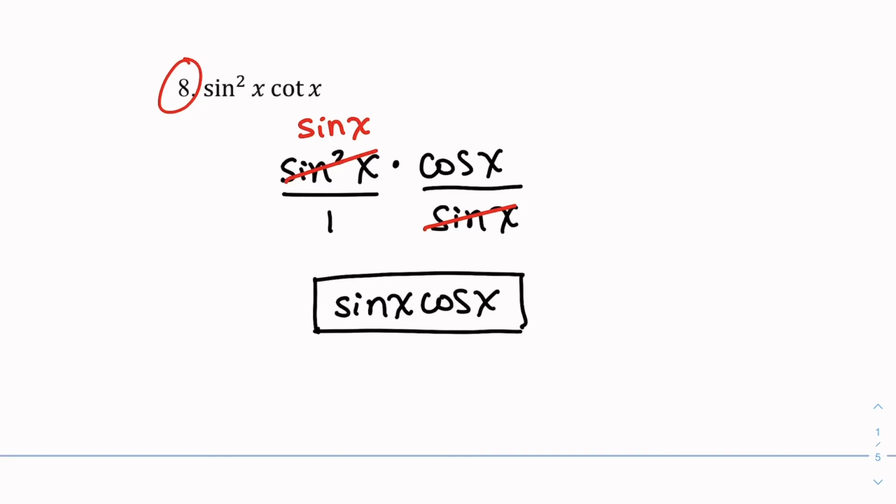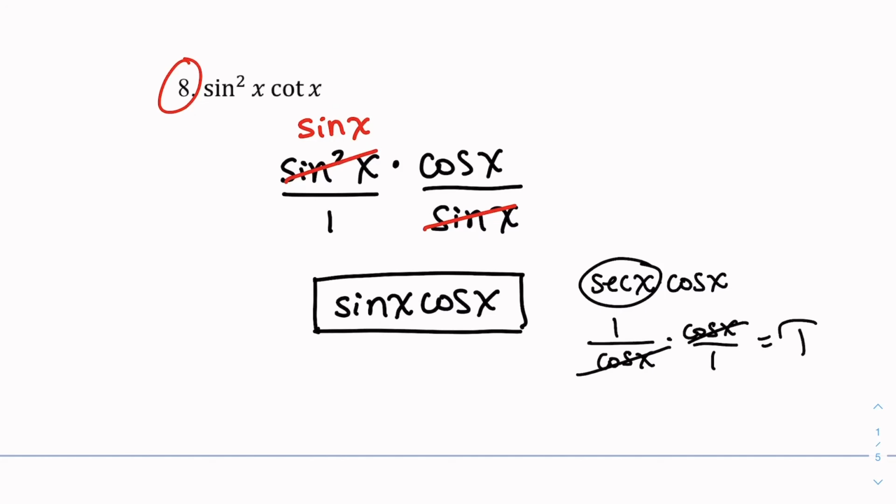But if my work had been something like secant x times cosine x, then I would think, okay, let's rewrite that, and you would see that there is some work you could do. That just ended up being 1. But in this problem, we are good to go.